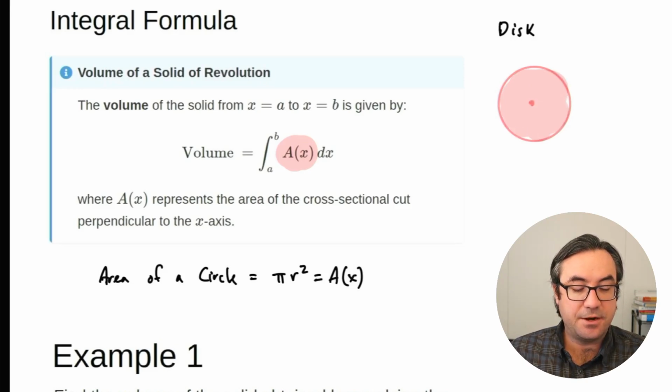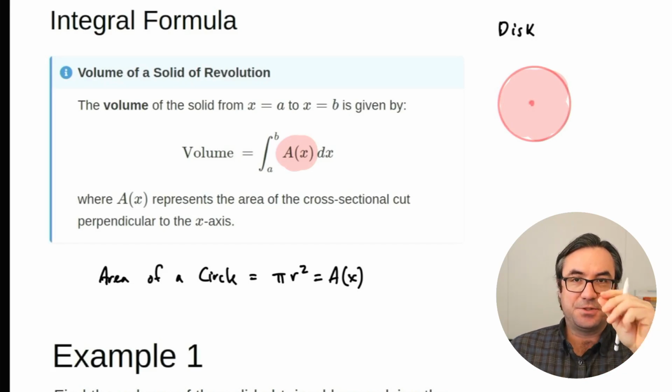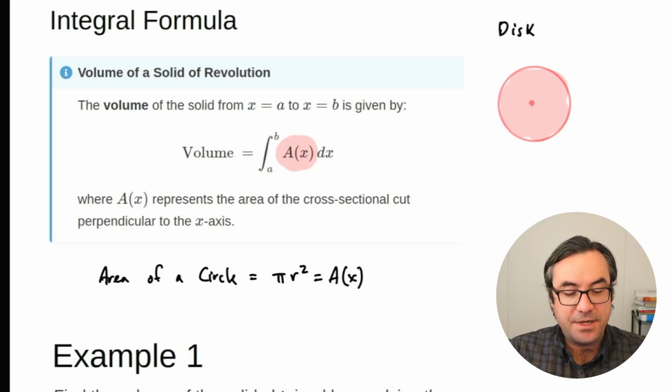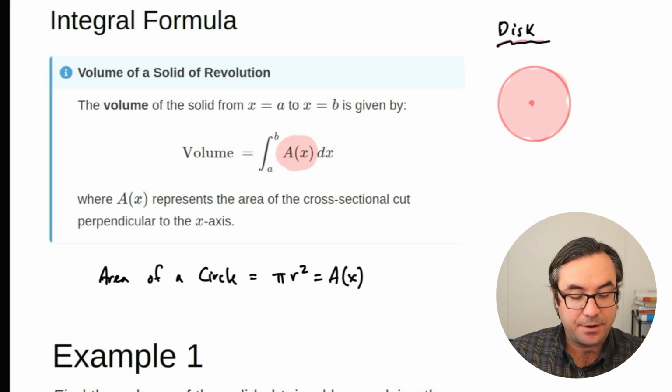And that point in the center, that's where our axis of rotation is. So imagine we're viewing the axis of rotation straight on there, so it's actually a line pointing out of the page at us. And for a disk, the area is just pi r squared. We're just dealing with a circle.